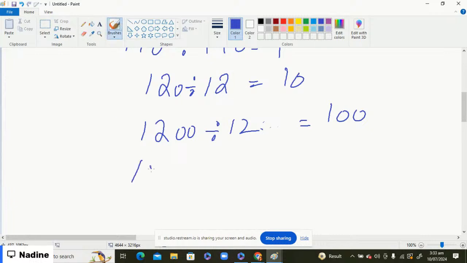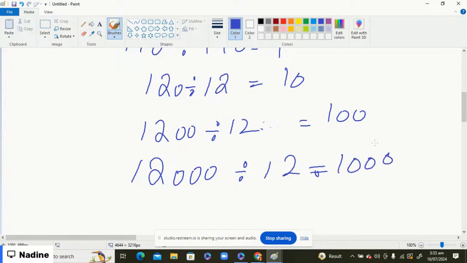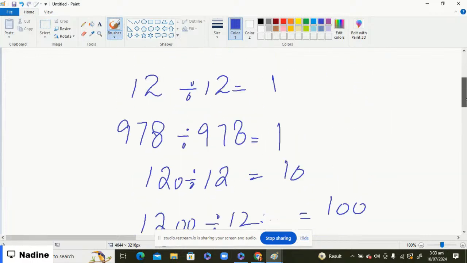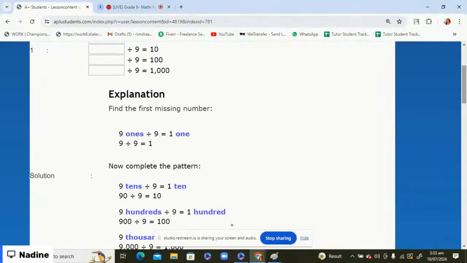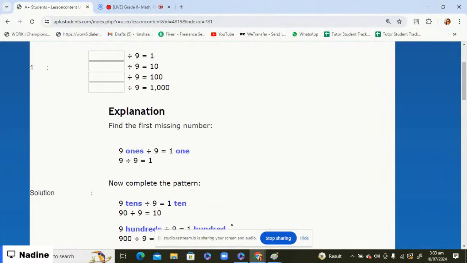Okay. If you are going to write your answer in the 1000 place, then you are going to write the answer 1000. Okay. This is the way to solve all these questions one by one. Now you can see the next.